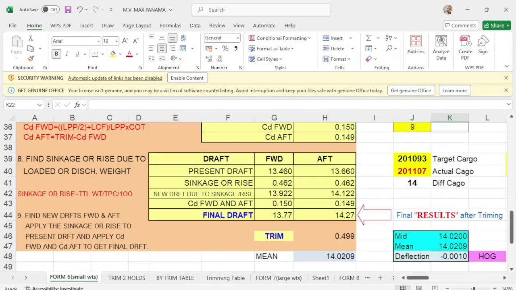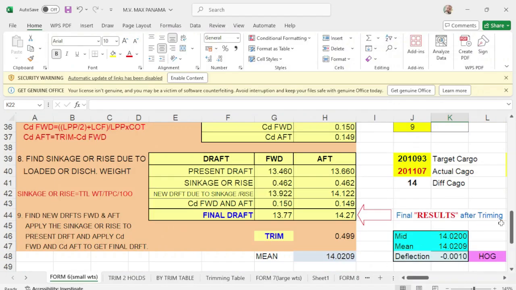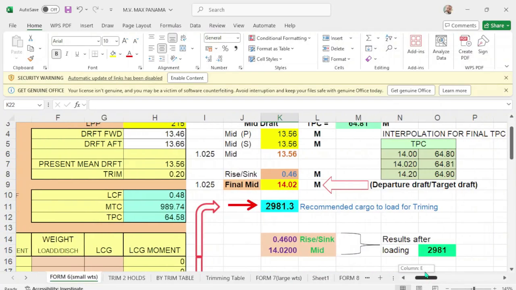Okay, and your deflection is 0. Take note, they're almost the same. How did I get this main drop? Mid drop is this one. This is your mid drop.